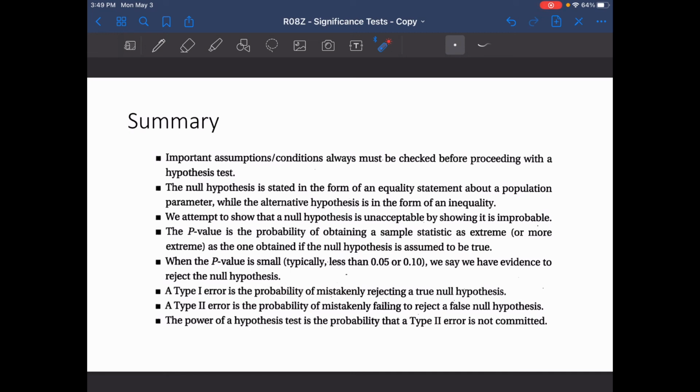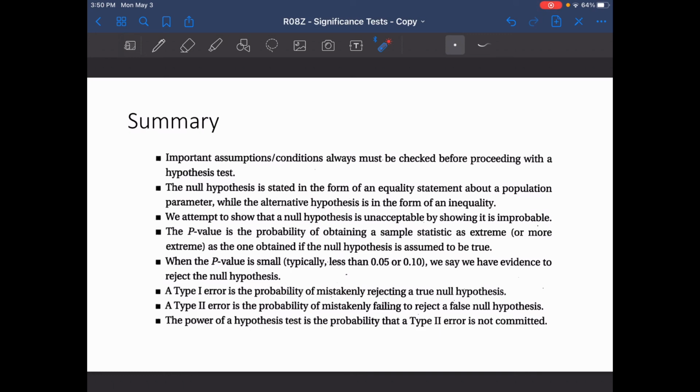The p-value is the probability of obtaining a sample statistic as extreme or more extreme as the one obtained if the null hypothesis is assumed to be true. And when the p-value is small, typically less than 0.05 or 0.10, we say that we have evidence to reject the null hypothesis. But for the most part, you're going to be using 0.05 in this case, if they don't give you a significance level at that point.